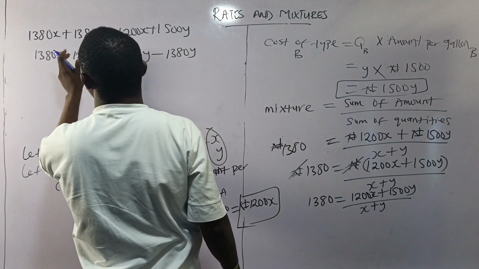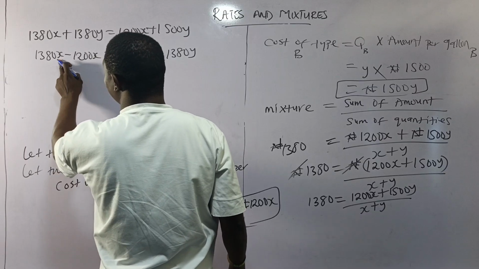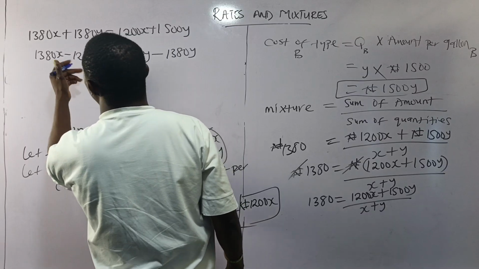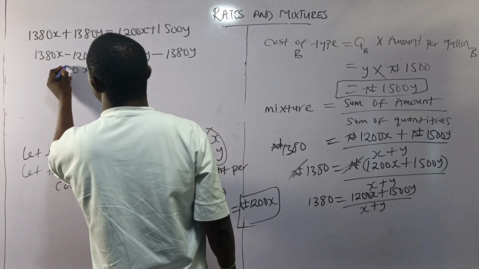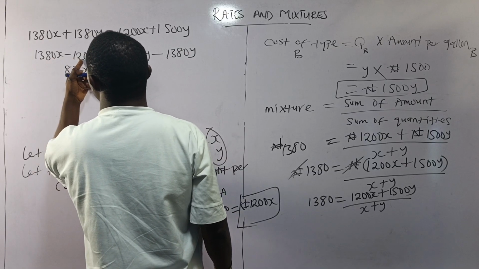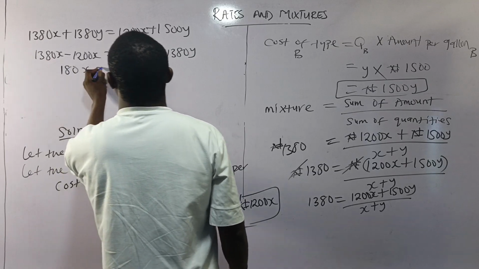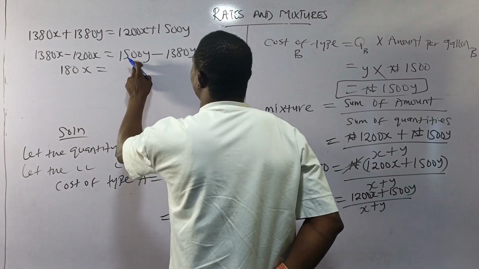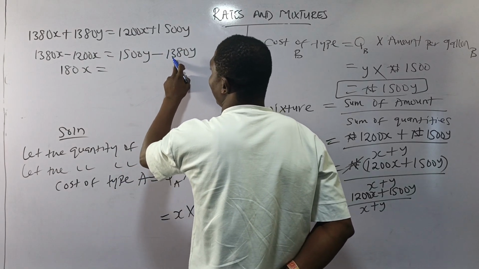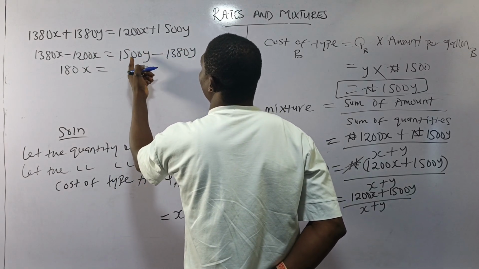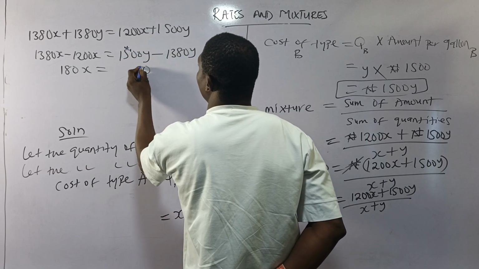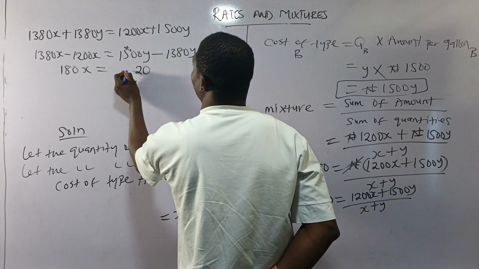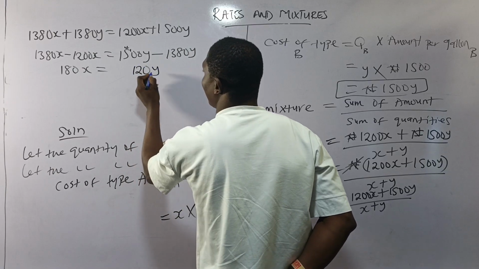Now, 1380x minus 1200x will simply give me 180x, and 1500y minus 1380y gives me 120y. Zero minus zero gives zero. Zero minus eight cannot, so borrow: 10 minus 8 gives 2, 4 minus 3 gives 1, and 1 minus 1 is 0.